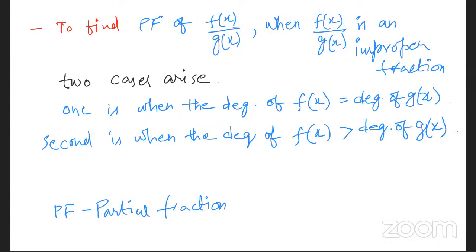A rational fraction is improper when the degree of f of x is equal to or greater than the degree of g of x. In other words, a proper fraction is one where the degree of f of x is less than the degree of g of x. We have done many problems based on that and defined rules for it. Whenever you have an improper fraction, you have to reduce it to a proper fraction by these two cases. We shall discuss them one by one.